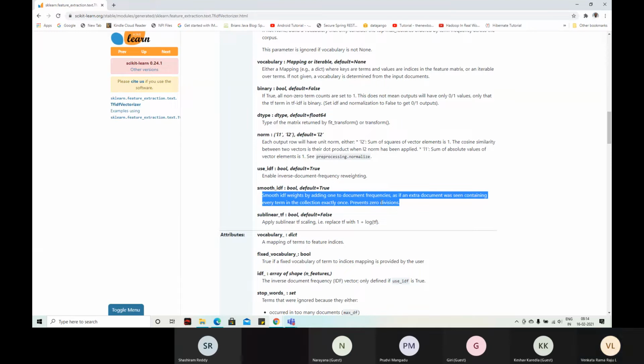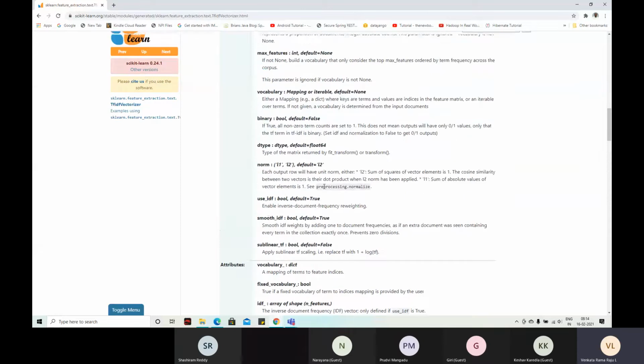When the probability becomes zero, we add one to the denominator and one to the numerator. That is the smoothing effect. In some cases you get zero counts, and to not get zero counts we do the same with IDF. If a particular word is not appearing in any of the documents, then the DF is going to be zero. So to avoid that zero, we add one. That is the smoothing effect.